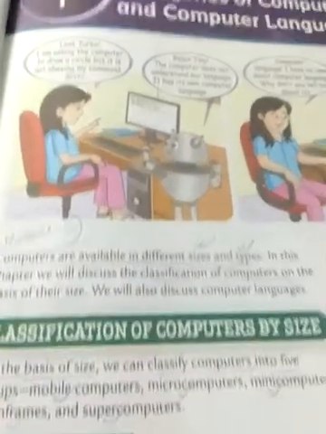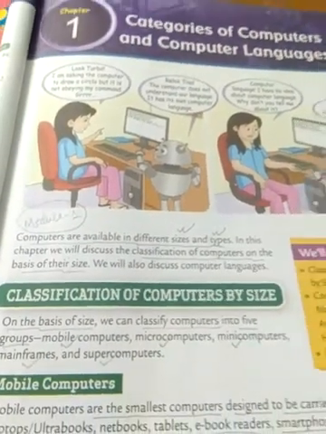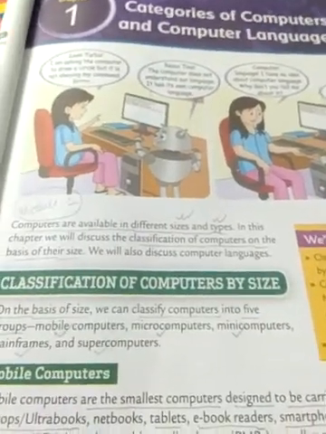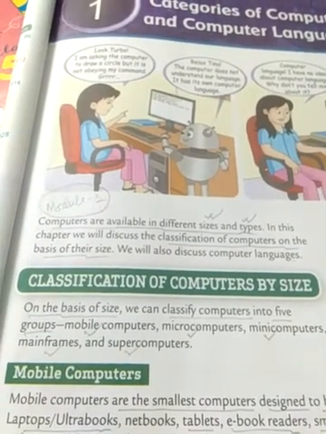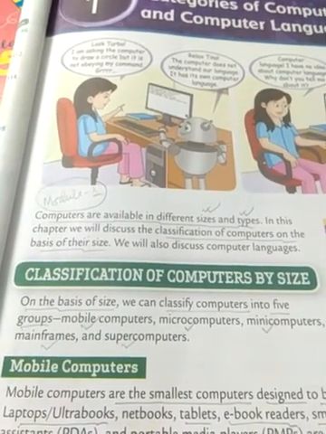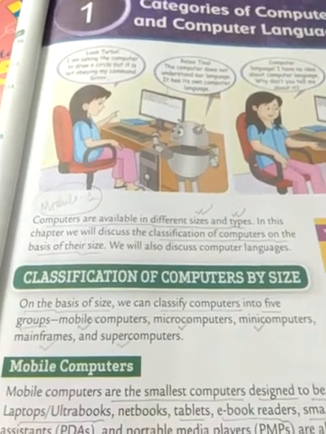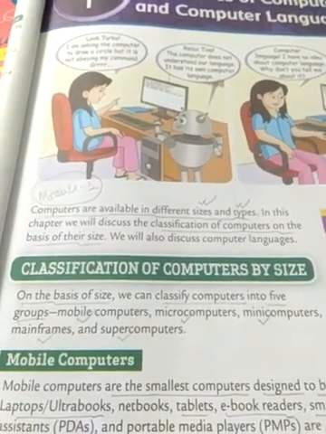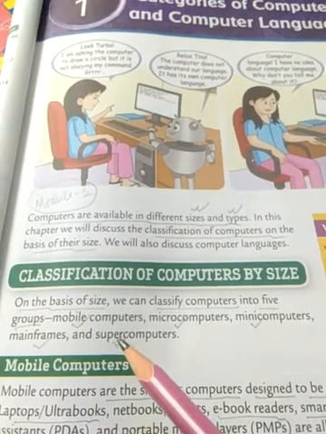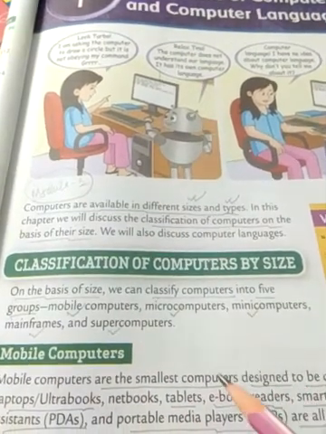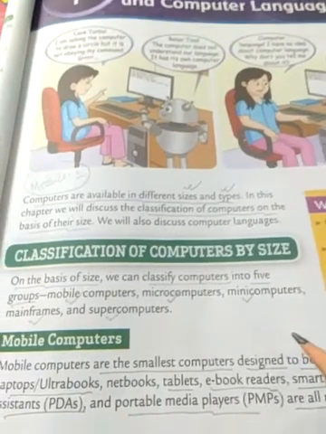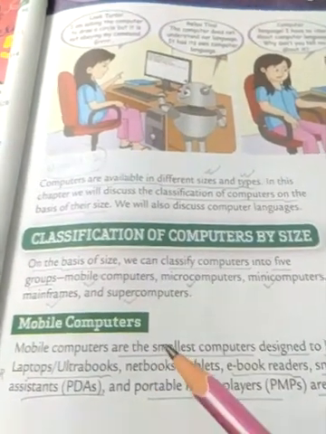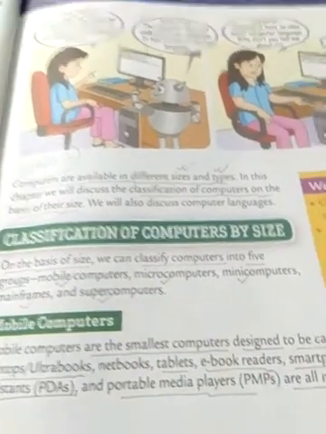With regard to classification of computers by size and types, we can divide them into 5 groups, such as mobile computers, number 1, number 2, microcomputers, number 3, mini computers, number 4, mainframes computers, and the last one is the supercomputers.